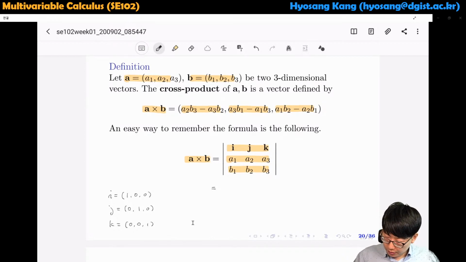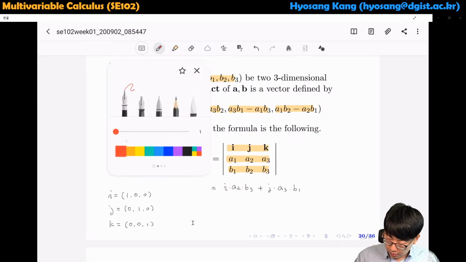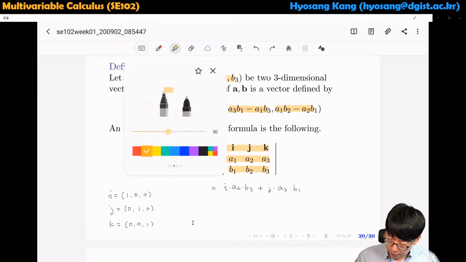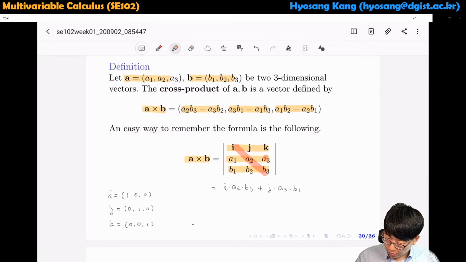First I take all the plus sign entries: i times A2 times B3, and then j times A3 times B1, and then k times A1 times B2.